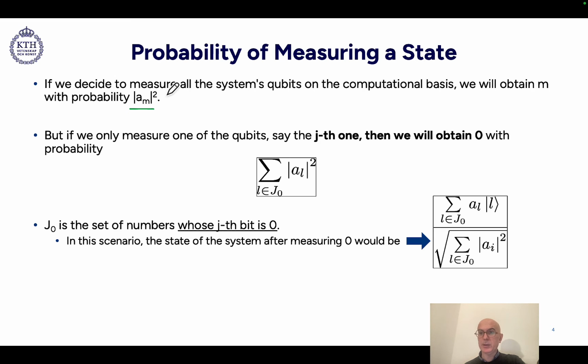Then we will obtain 0 with the probability of the sum of the squared modulus for all the l belonging to J0, where J0 is the set of numbers whose jth bit is 0. Remember that in this scenario, if you measure just one qubit or a set of qubits, then the quantum system will still be in a quantum state according to this distribution.